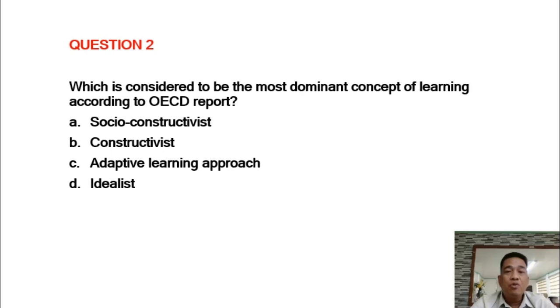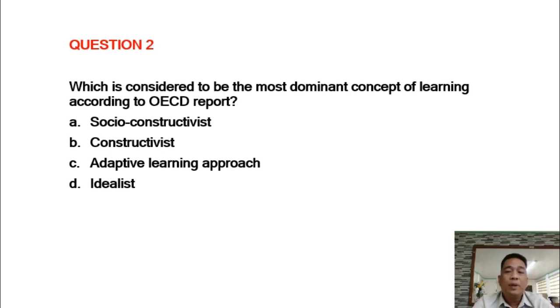Which is considered to be the most dominant concept of learning according to the OECD report, Organization of Cooperation and Development. Alright? OECD report na ito, makikita niyo yan, pwedeng downloadable naman yan, yung mga OECD report na yan.